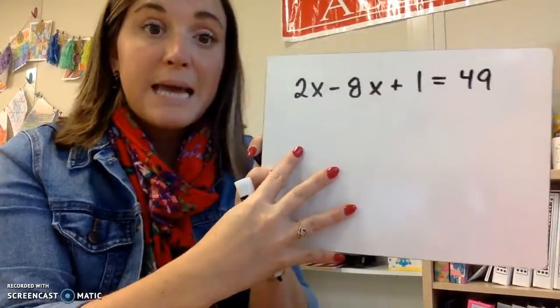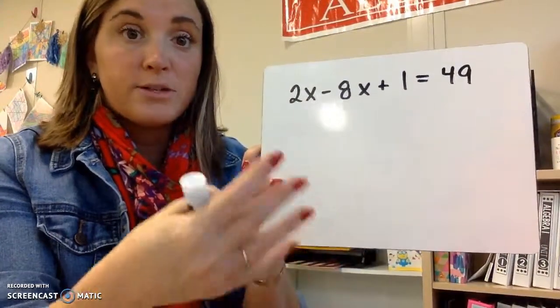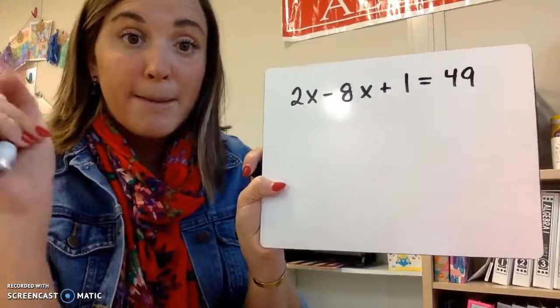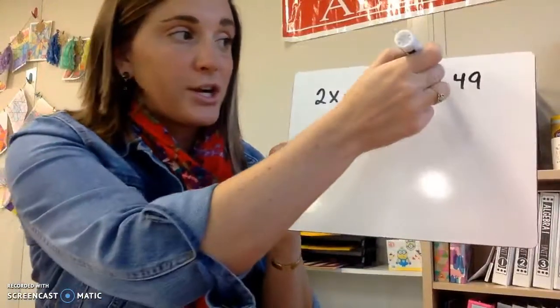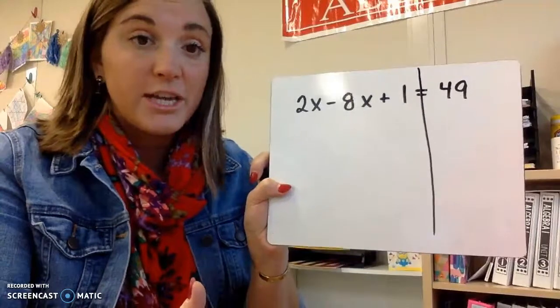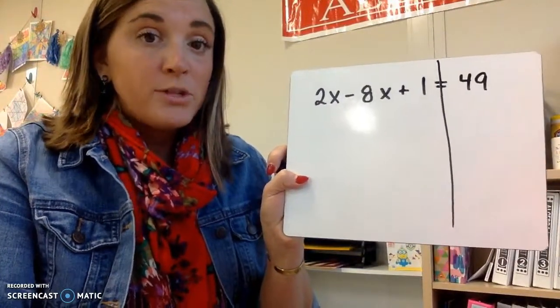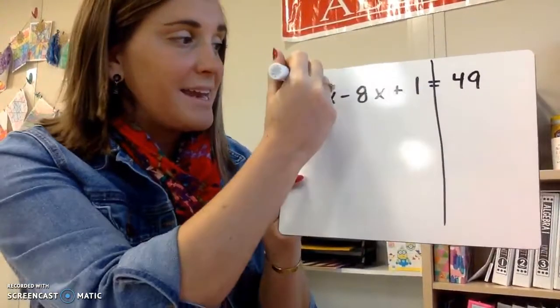First step in our note says distribute. I don't see any parentheses, therefore there's no number on the outside that I need to distribute through, so step 1 is done. Step 2 in your note says to combine like terms. That means any constants on the same side of the equation can go together, and any variable terms can go together. On the left-hand side, I've got 2x and negative 8x.